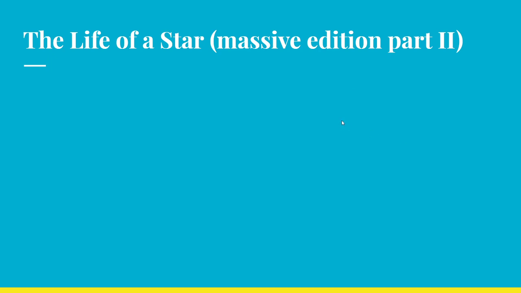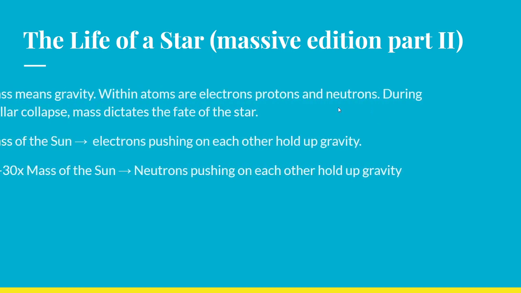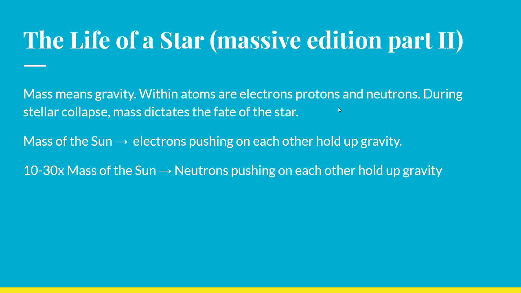The Life of a Star, Massive Edition, Part 2. Let's recap a few things. Mass means more gravity. Within the atoms are the electrons, protons, and neutrons. During the collapse of a star, mass dictates the fate of the star.